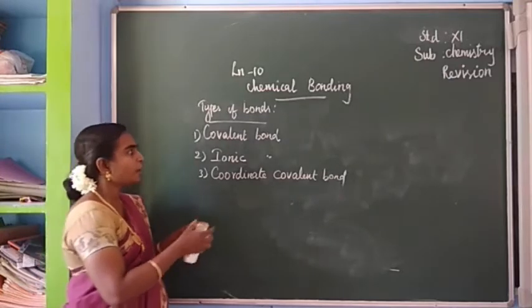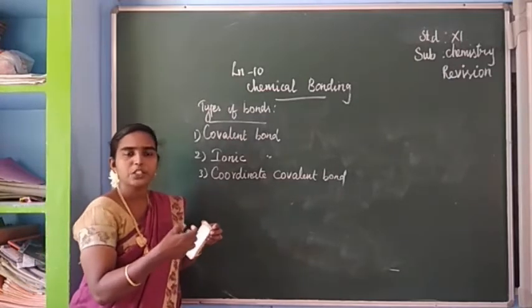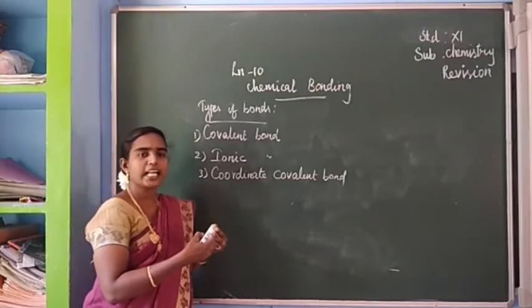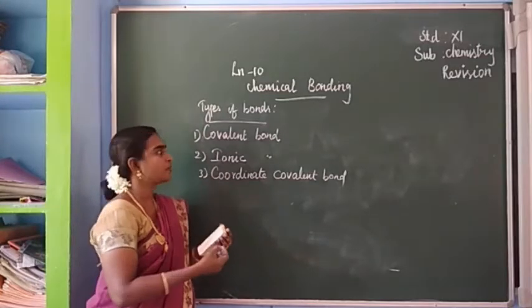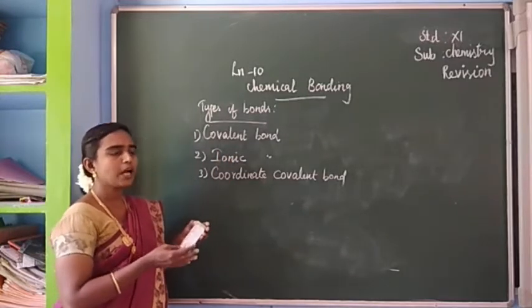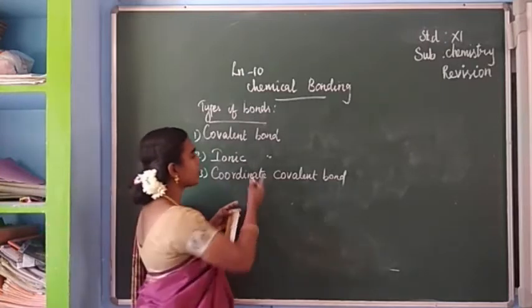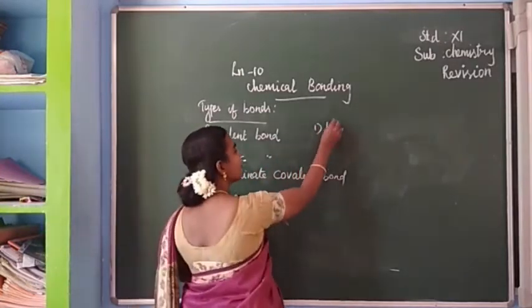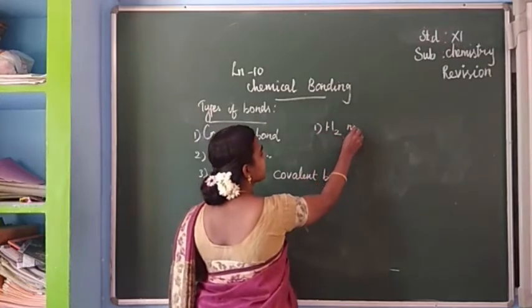Okay. So when mutual sharing is there between these two atoms, there is an attractive force. This attractive force is the reason for the formation of this covalent bond. So example, I will explain hydrogen molecule for this first type covalent bond, H2 molecule we can consider as example.